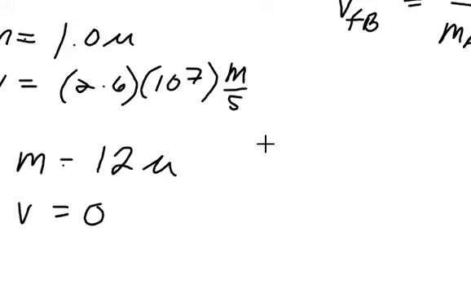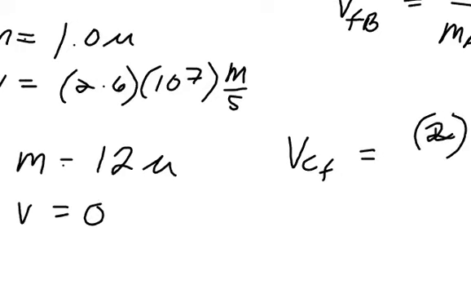So we've got velocity of carbon final equals 2 times 1U, that's the mass of the neutron, divided by 1U plus 12U, and that's times the original velocity of A, which is 2.6 times 10 to the 7th meters per second.